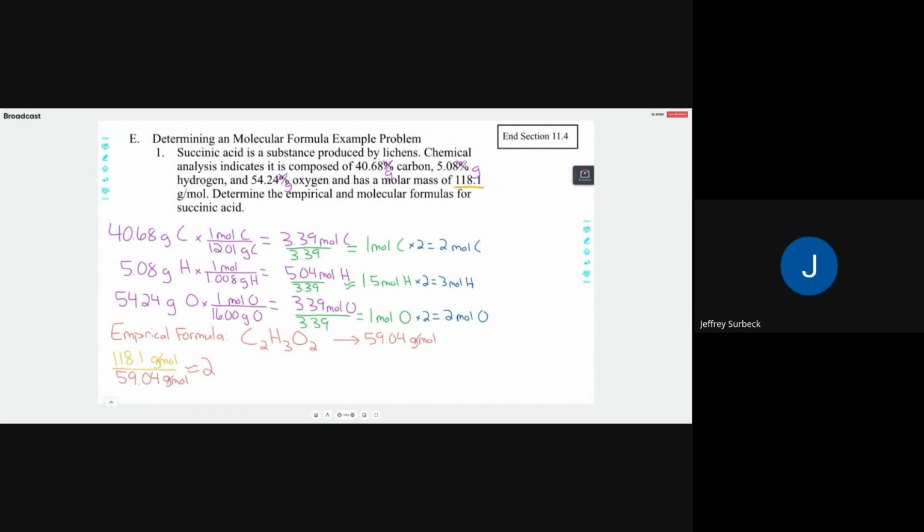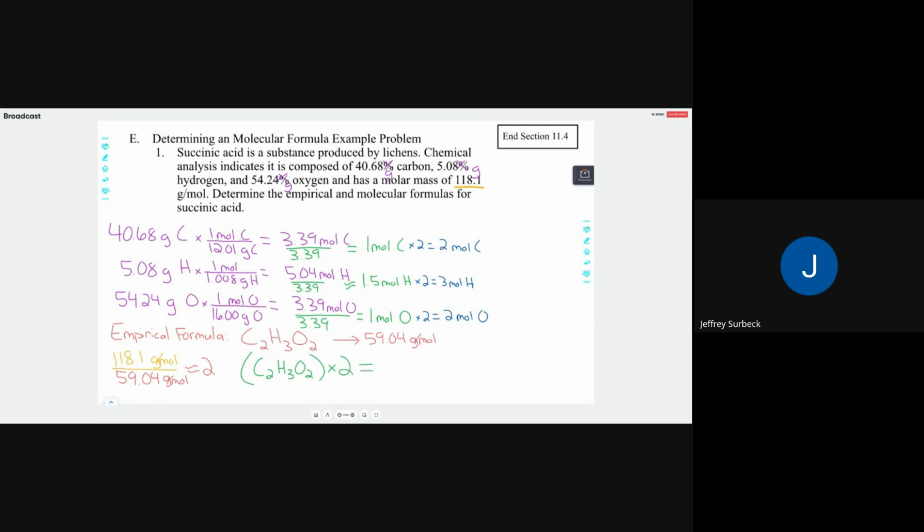So what this means is that our empirical formula needs to be multiplied by 2 to find out what our molecular formula is. So here's how I do this just to show you. We have our empirical formula of C2H3O2. Because of the ratio of molar mass found to molar mass in our empirical formula, we have to multiply everything here by 2.